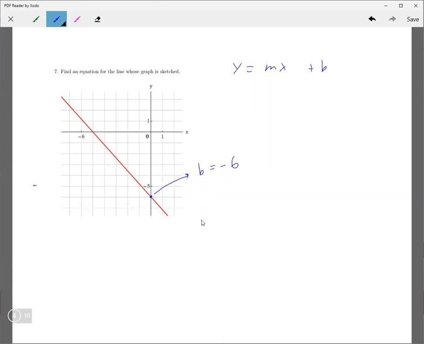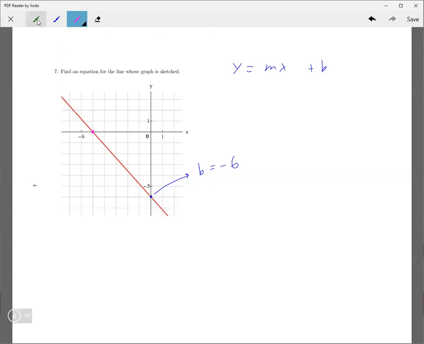Then what you want to do is find the slope. The best way to do it is look for points that you can identify. You can't identify any of these points here. You can identify this point, and you can identify that point, but that's about it.